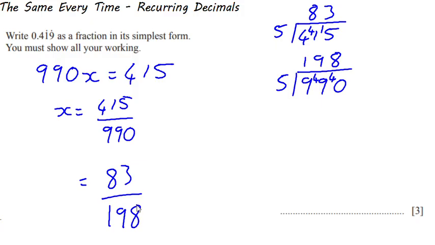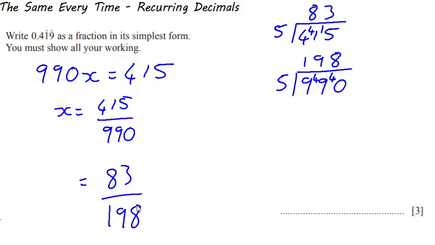Now I'm doing this all non-calculator, so I need just to check to see if I can simplify any more. Well, 83 is an odd number, 198 is an even number, so I'm not going to be able to divide top and bottom by any even number, so we'll leave that one. 83, does that divide by 3? No, it doesn't. 8 plus 3 makes 11, which is not in the 3 times table, so not dividing by 3.